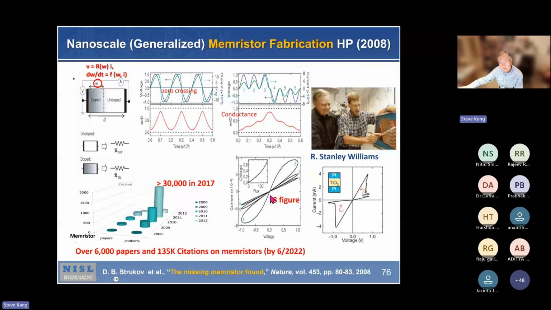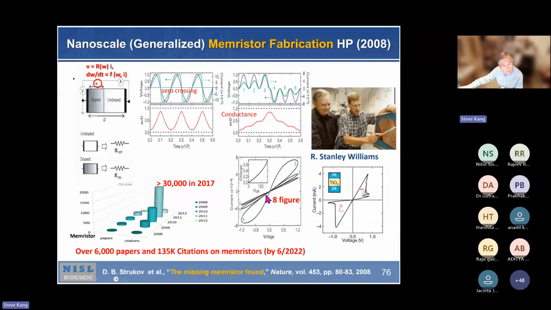Eventually, at a very high frequency, it became a straight line, which was suggested in the 1976 paper on memristive devices and systems. In fact, Stan Williams, who was a vice president of HP, said they were inspired by the 1976 paper. They made a device, but they didn't know what it was. After reading that paper, they realized it was a memristor, so they called it memristor in their paper.